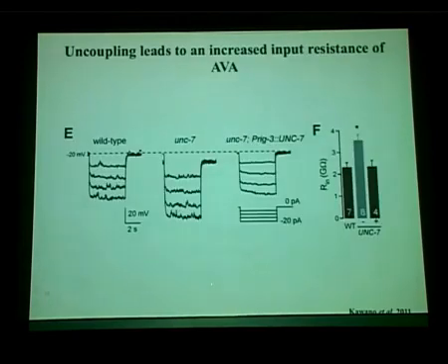So why would uncoupling lead to an increased electric and also intracellular calcium level change, indicating a higher activity of the neurons? We find this is primarily because uncoupling leads to an increased input resistance of AVA. So when you inject the same amount of current in wild type and UNC7 mutants, you can induce a much higher depolarization, probably due to the uncoupling of the membranes between AVA and the A motor neurons.